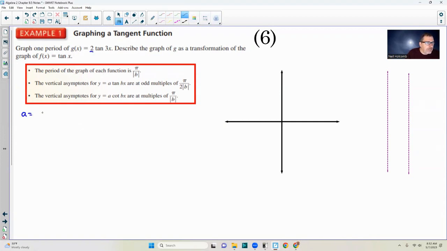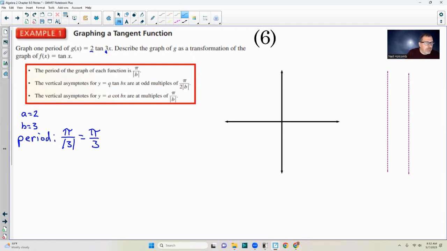So a is right here, a is 2. b is right here, and that is 3. Now I'm going to find out what the period of the function is, and it is pi over the absolute value of 3, which is b. And obviously the absolute value of a positive is just itself, so the period is pi over 3.